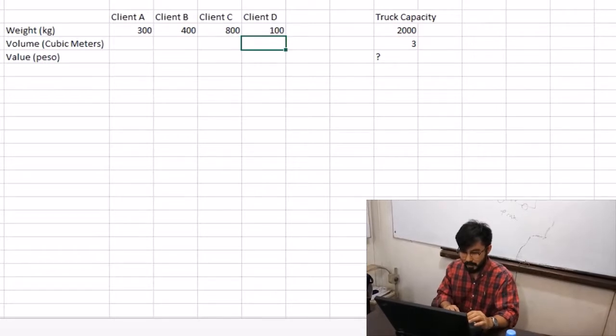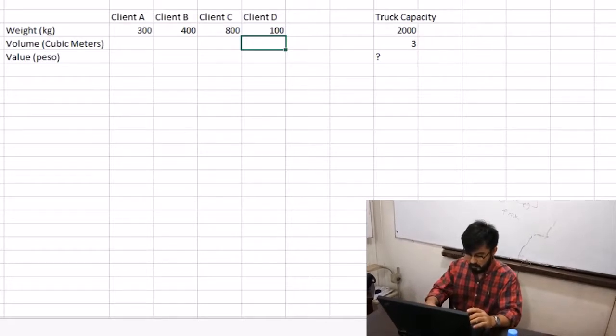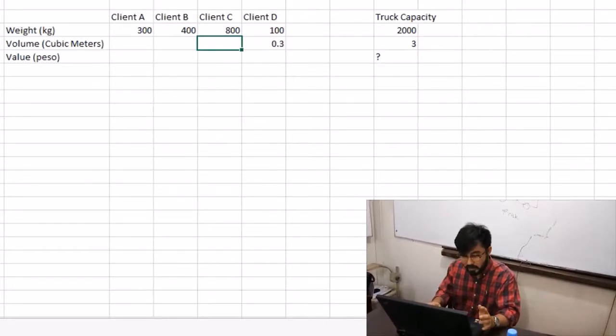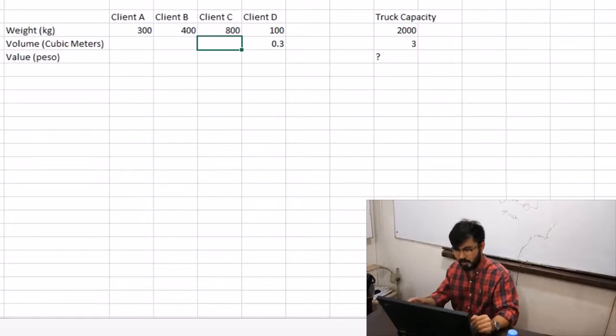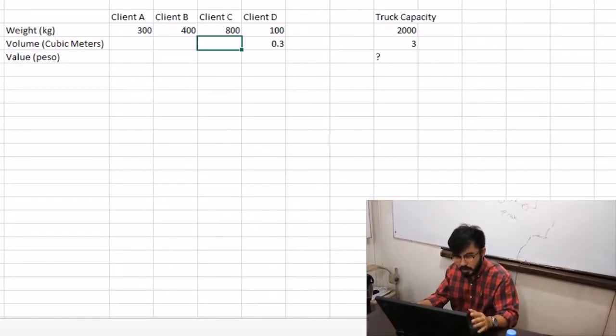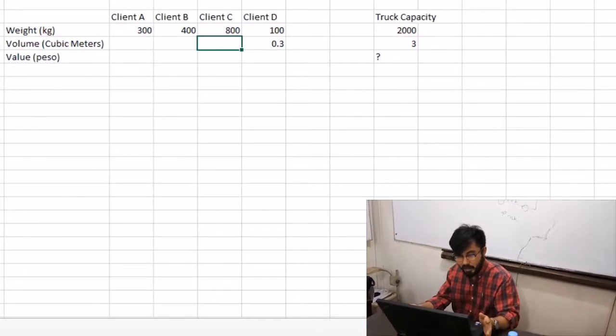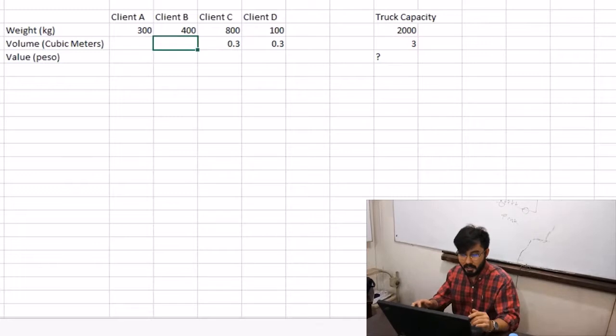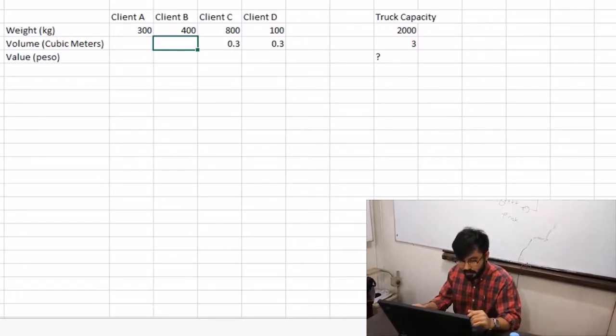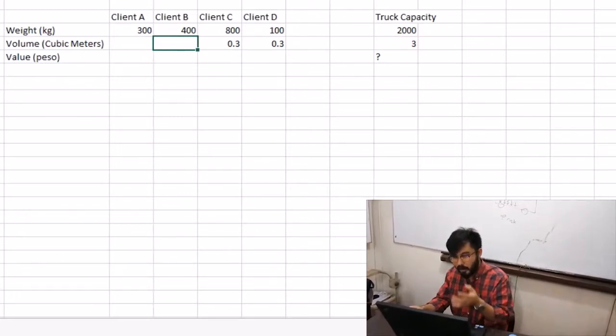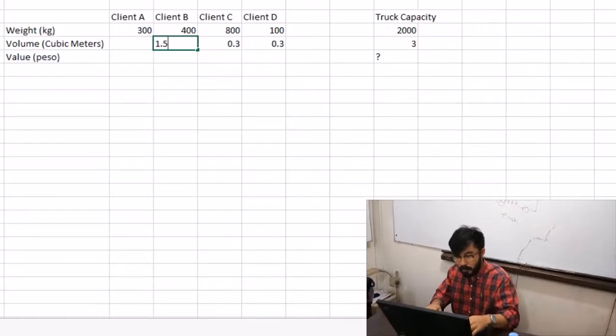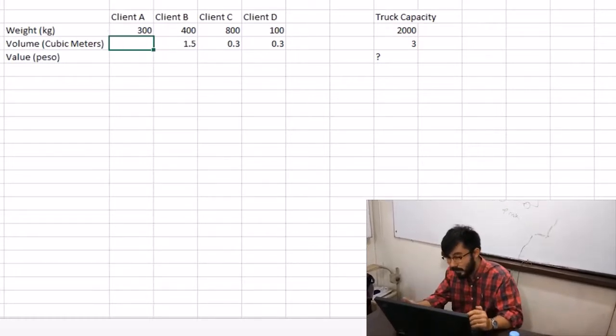Let's say this 100 kilograms is not so big, 0.3 cubic meters. Client C, this 800 kilogram one is kind of heavy. Let's say 0.3 cubic meters as well. This 400 kilogram one, let's say it's 1.5 cubic meters, so we're up now to 2.1.